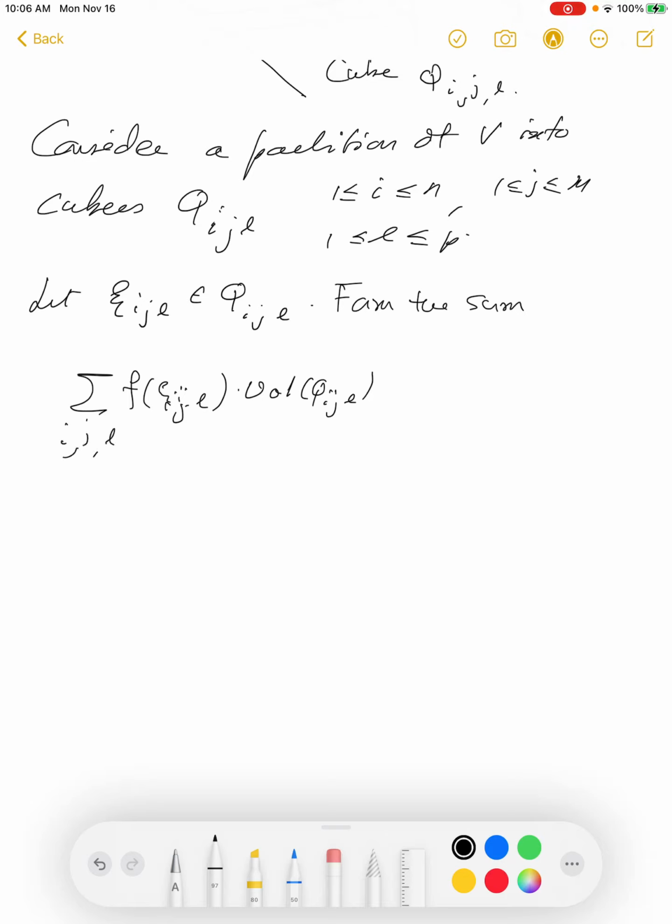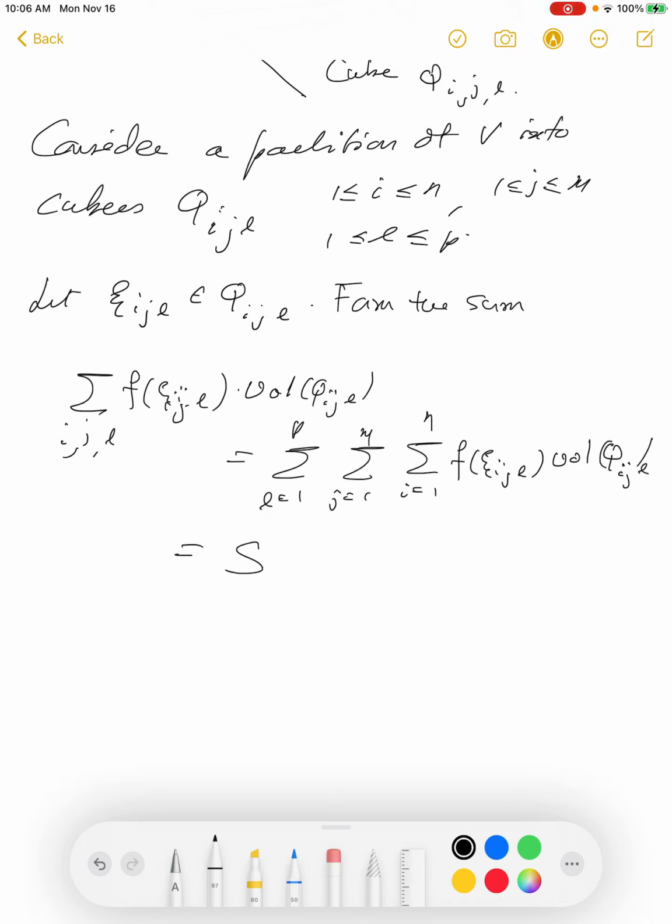Or maybe we can write this as a triple sum if you want. So i goes from 1 to n, j goes from 1 to m, l goes from 1 to p, of f(psi_ijl) times the volume of the cube Q_ijl, and let's call this sum S_P(f). Just like you could also form lower sums and upper sums.